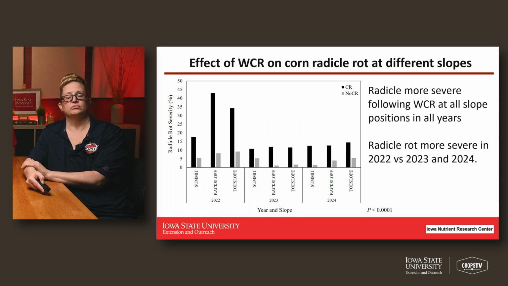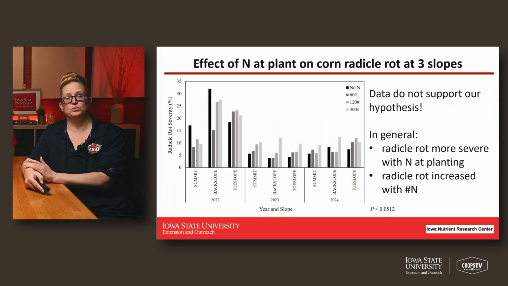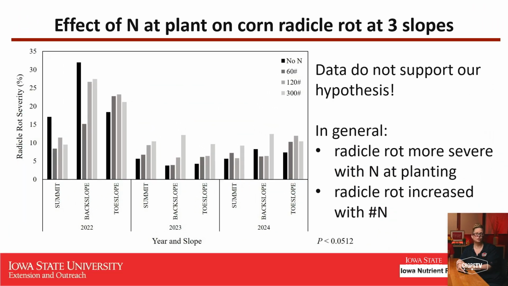And so we looked at that effect, and then we also looked at the effect of nitrogen when we applied it at planting, and the effect then on the radicle rot for the 3 different slopes. And we found that the data did not support our hypothesis, which was that because the available nitrogen was being tied up by the decomposing cereal rye, that would then stress our corn seedlings and therefore have an increased risk of seedling disease.